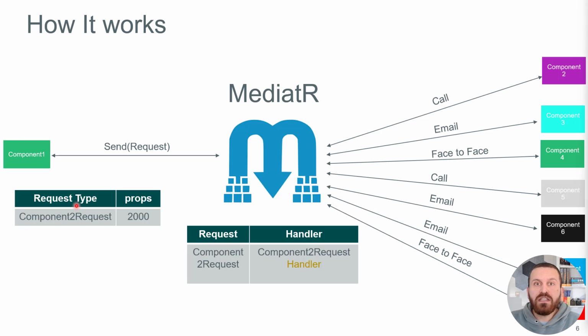And for each value that you need to pass with your request, you need to create a property inside that class. And you need to have another class. This class is for handling this request. Let's go to Visual Studio and see how it works.